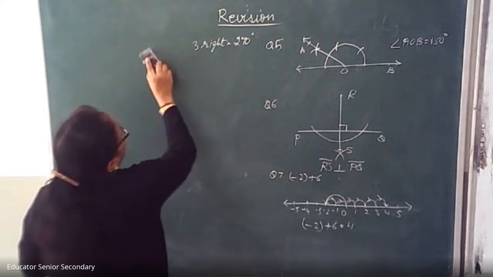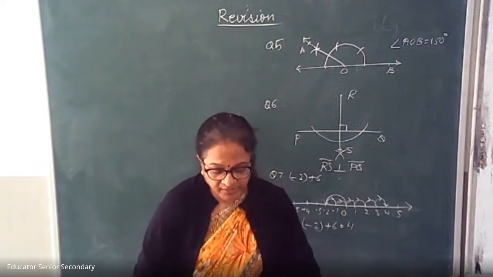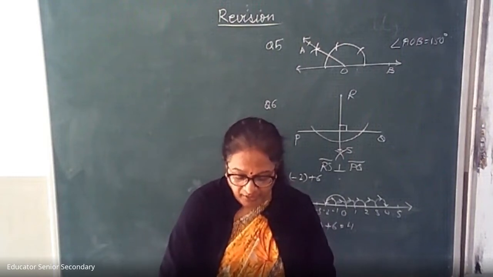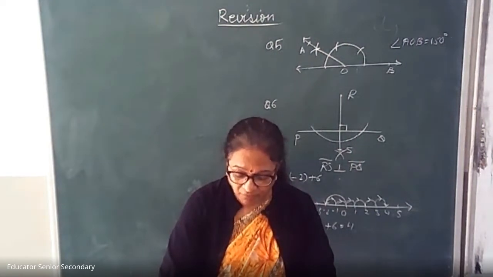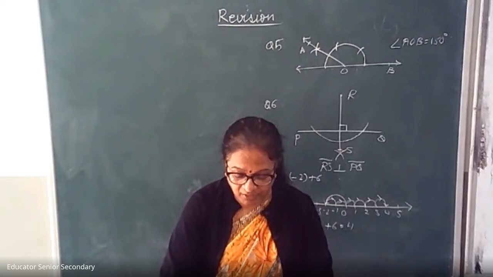Coming up to the next question, it says, mother has made laddus. She gives some laddus to guests and family members. Still 5 laddus remain. If the number of laddus mother gave away is n.